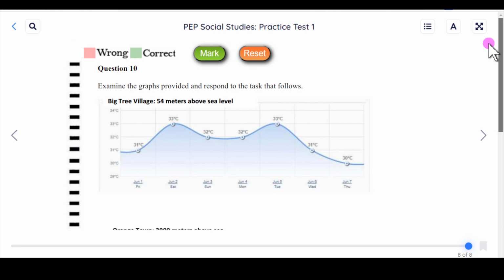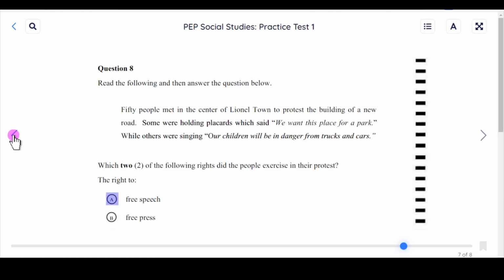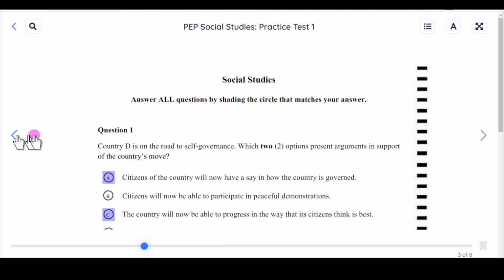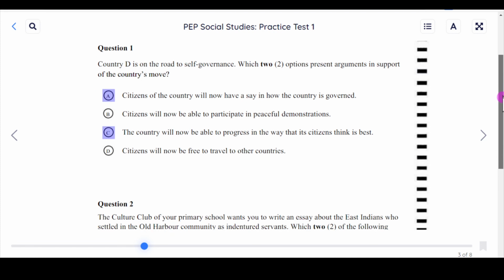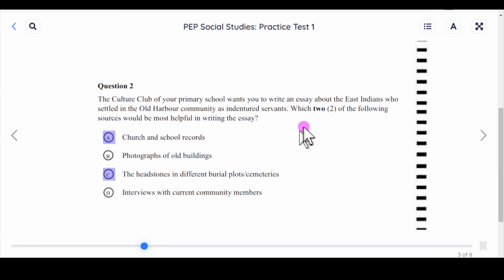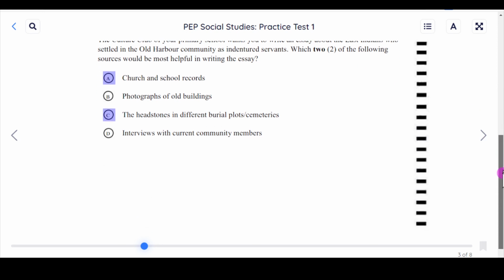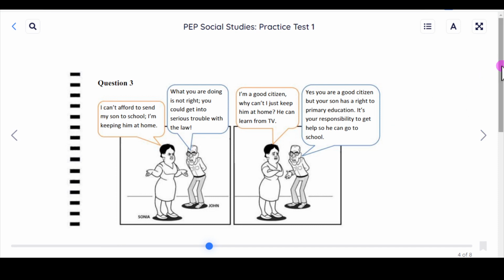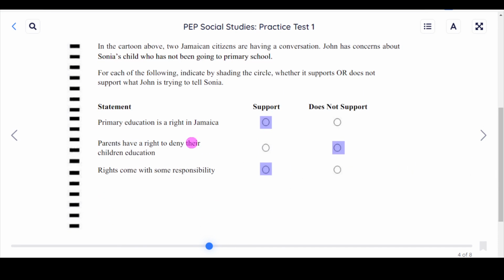All right, so before I click mark, I'm just going to go back all the way to the beginning, just to make sure. Question 1, I needed to pick 2. I have 2 there. Question 2, I needed 2. I have those there. Question 3, I needed 3 responses, support and does not support.